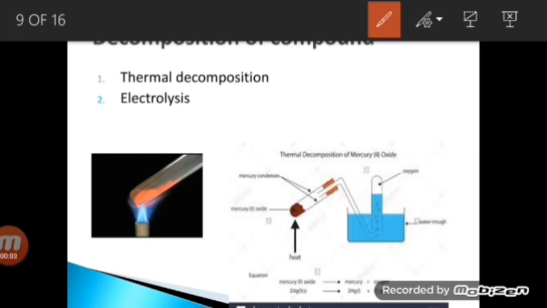So here in this investigation, you can see that mercury oxide is heated. This is mercury oxide in the test tube, and it will be heated with the help of a Bunsen burner or any kind of fire, and then it will be decomposed into mercury and oxygen. So what will happen?